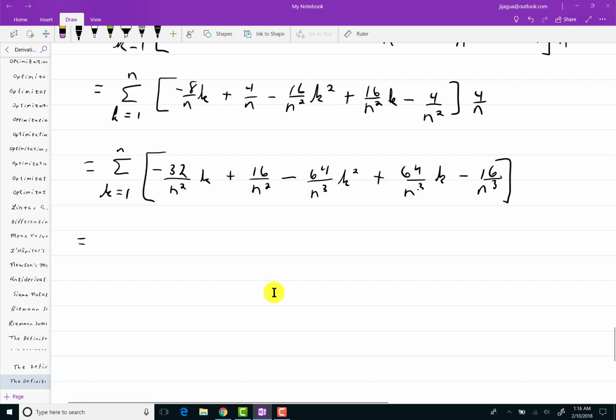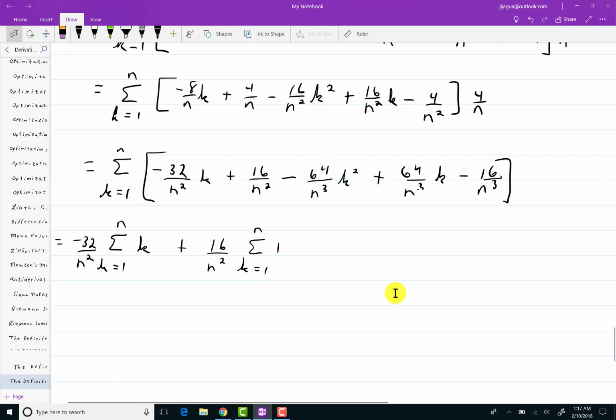So we have sum k equals 1 to n. I want negative 32 over n squared, put a k here, plus 16 over n squared summation k equals 1 to n of 1.